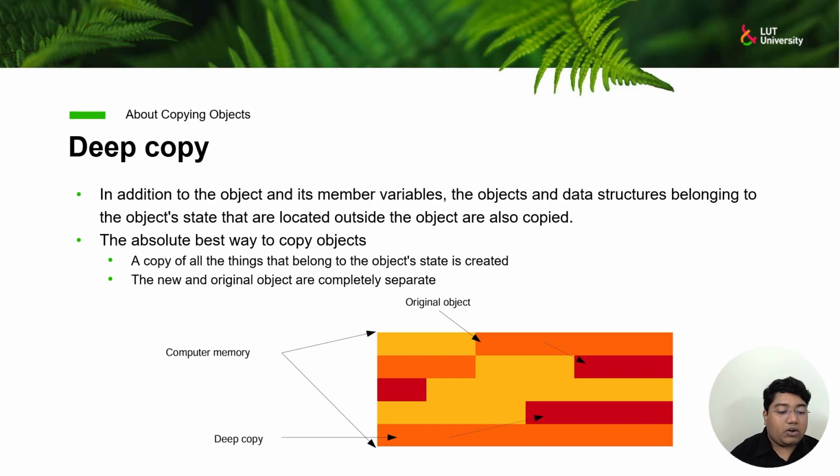The data may contain exactly the same values, but the memory is completely separate. Now, changing one object won't affect the other one. Each object owns its own resources. This is generally the safest and most predictable behavior for resource managing classes.